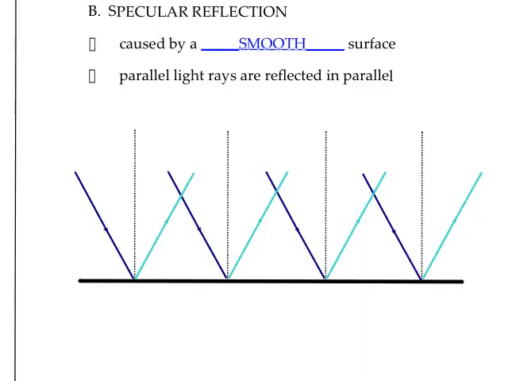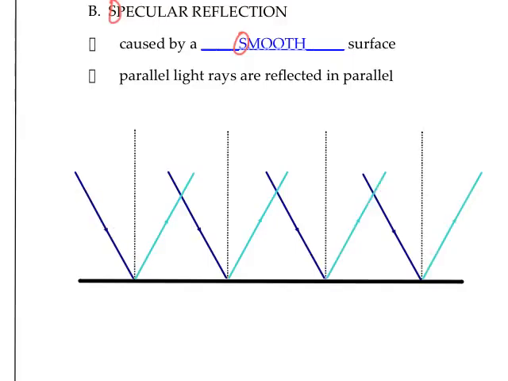The first one is called specular reflection, and it's the one that you're probably used to so far because it is caused by a smooth surface. So you can remember that specular and smooth both start with S, so those two are going to go together. So I just gave you an example. If we have some incoming light rays, they are going to reflect parallel to each other.